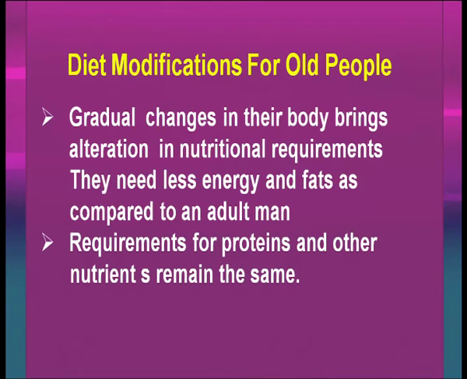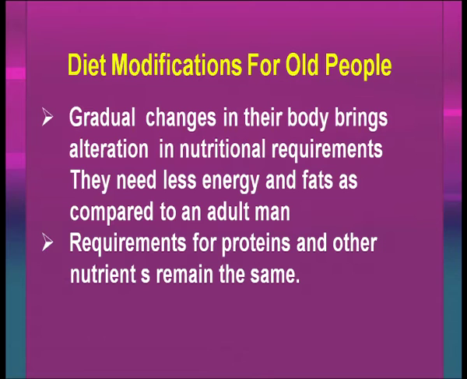Now, we will talk about old people also, because they require some changes in their diet for the changes in their physiology. So, gradual change in the body brings alteration in the nutritional requirement also. They need less energy and fats as compared to when they were adults.